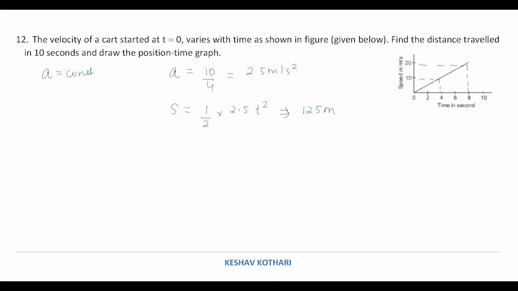If we draw a graphical variation of the same, the displacement time graph is going to be a graph like this, in which the acceleration is constant and positive. After t equals 10 seconds, the displacement will become 125 meters. Let us move to the next question.